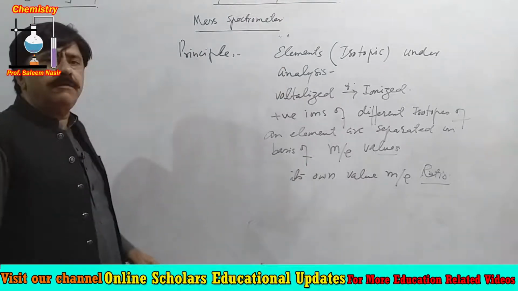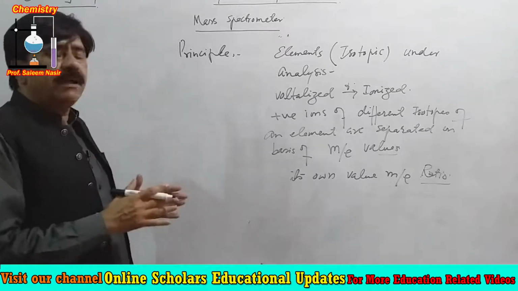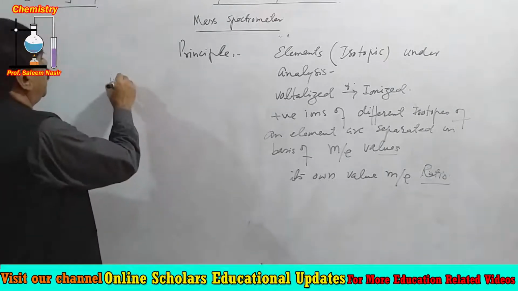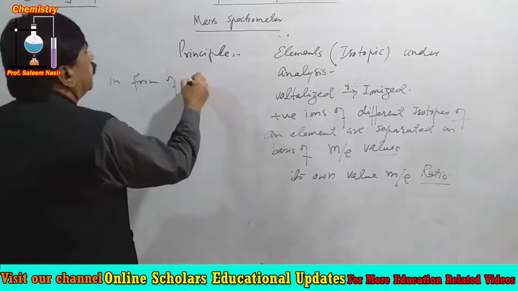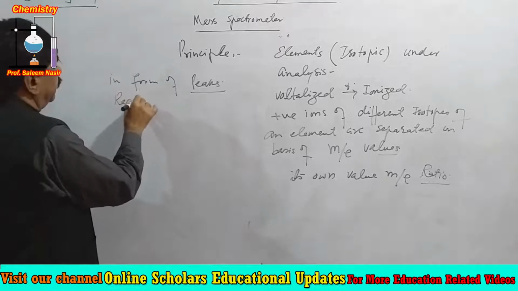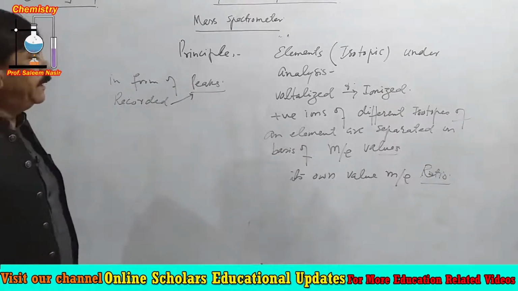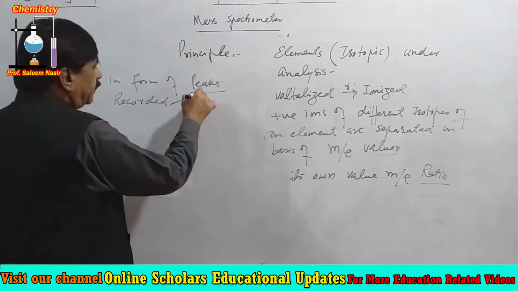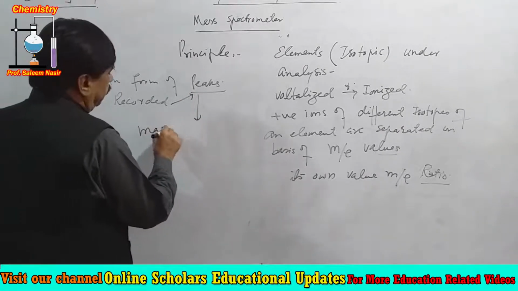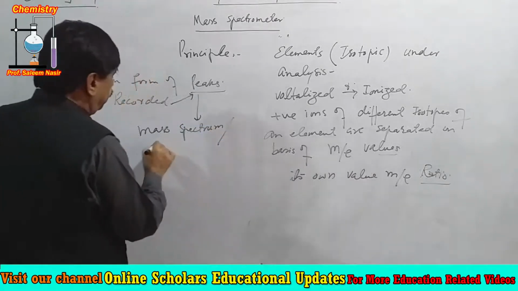These values for different isotopes, on the basis of mass to charge values, appear in the form of peaks, meaning they are recorded in the form of peaks, which is called a mass spectrum or spectrograph.